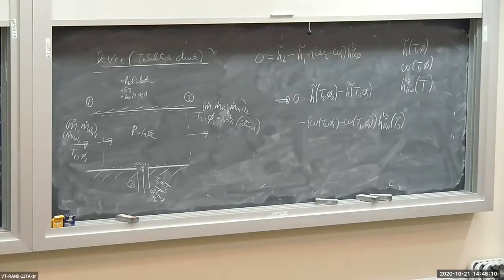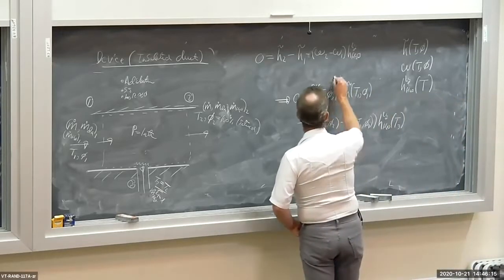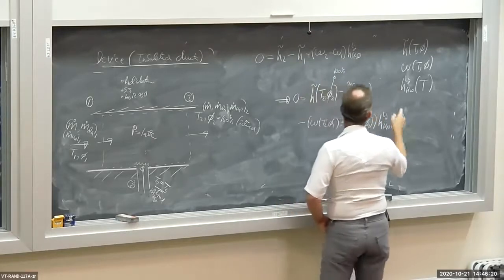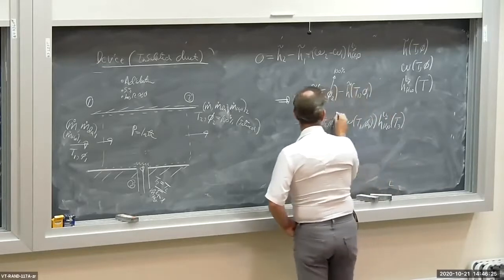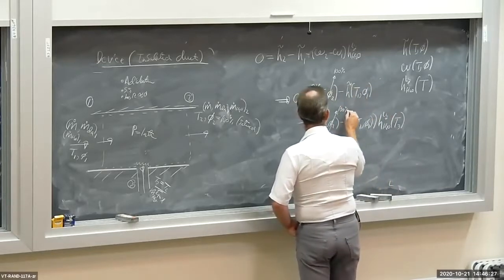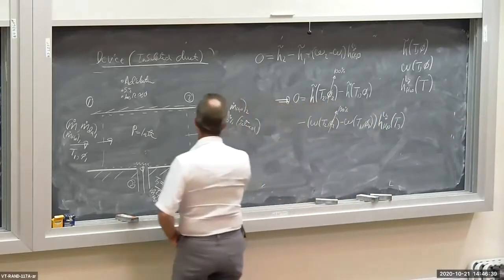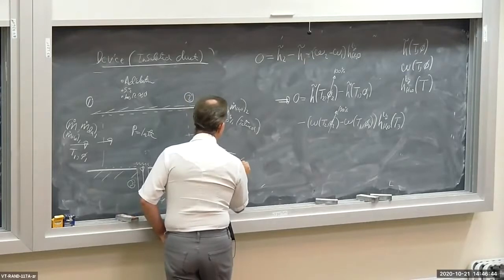Now, let me substitute a few values here. The relative humidity at location 2 is 100%. Let's say I know temperature T1, and let's also say I know temperature T2. So let's say T1 and T2 are known.